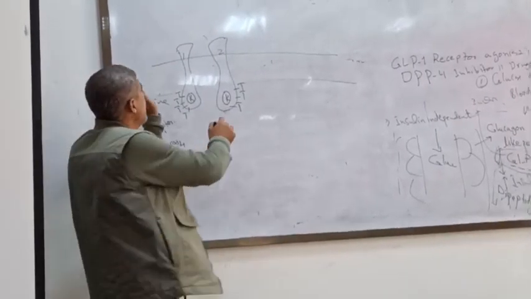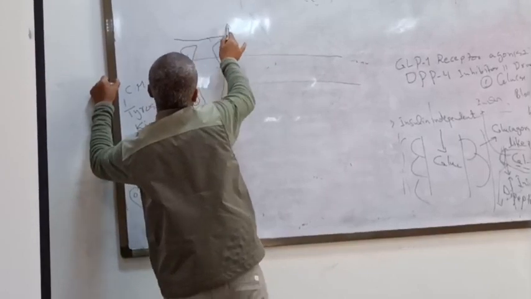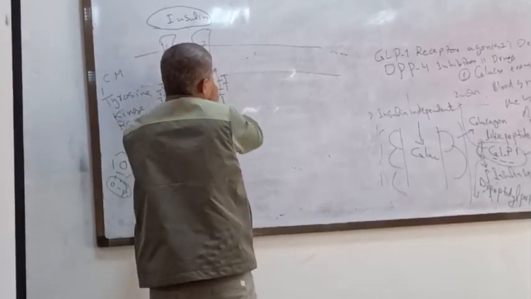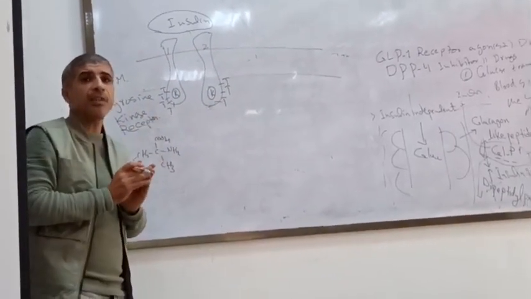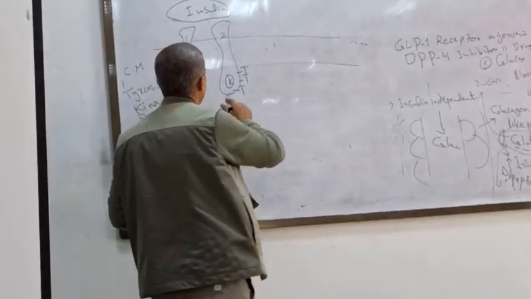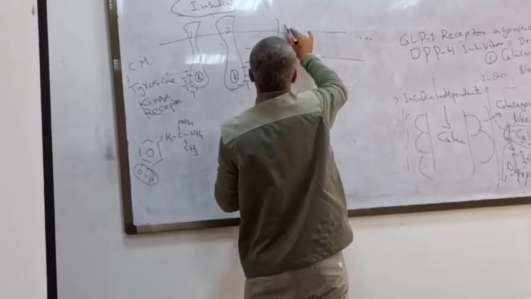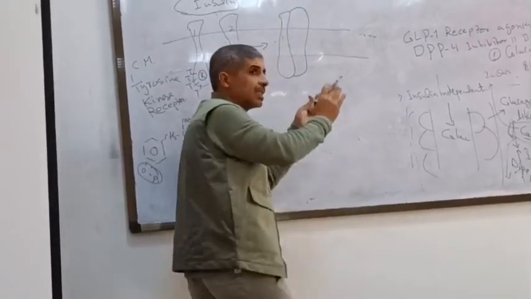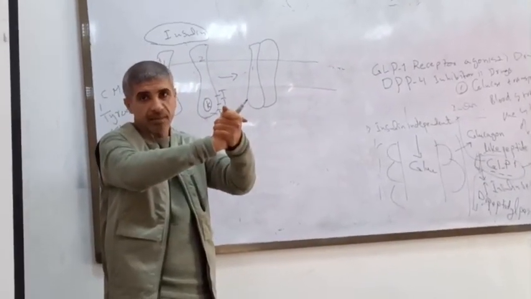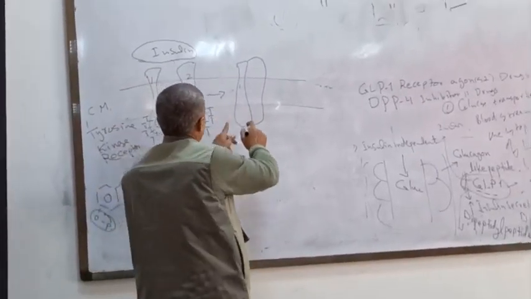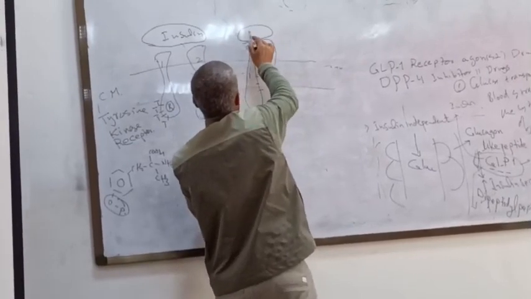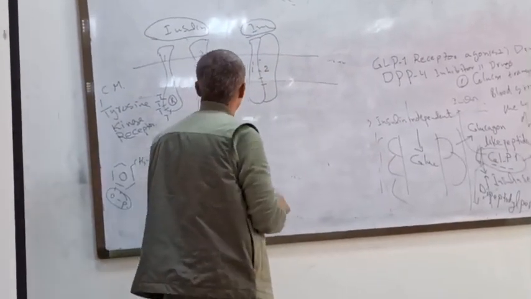Okay. So when insulin binds at the extracellular part of the tyrosine kinase receptor, the monomers will be dimerized. Monomer 1 and monomer 2 interact, and this is the insulin.